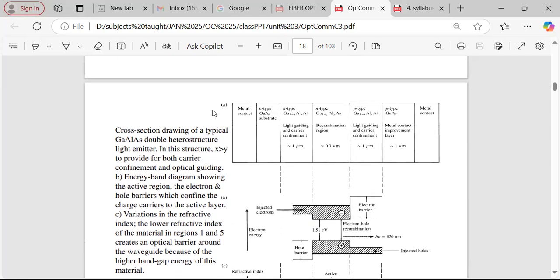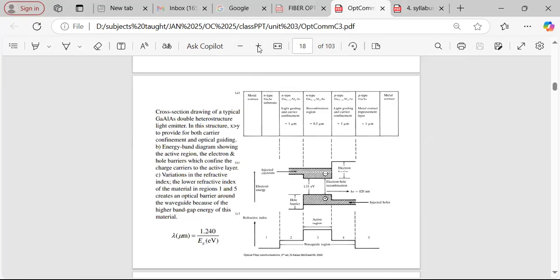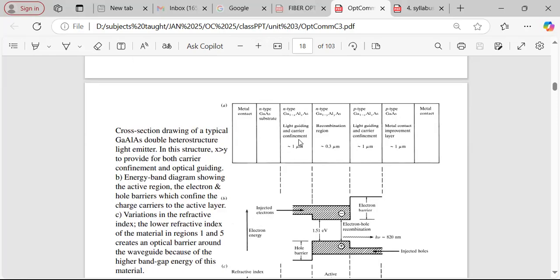Here you can see in this diagram the structure of the heterostructure light emitter, that is the LED. You can see two metal contacts at the terminal ends. Then there is a layer of N-type gallium arsenide substrate, and then a layer of N-type gallium aluminum arsenide.